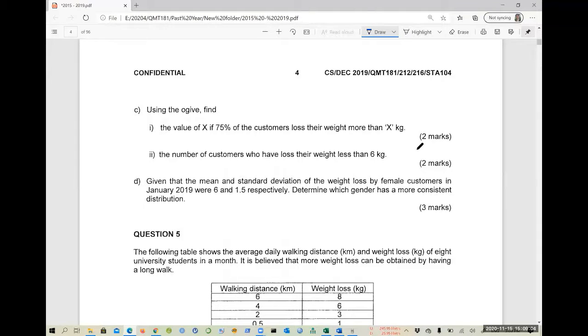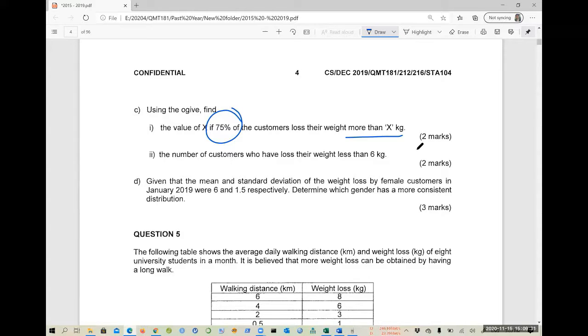You have to be careful because in this situation they ask you with weight more than x. Okay, number of customers that lose weight more than x. So dia nakkan 75% of the customer.